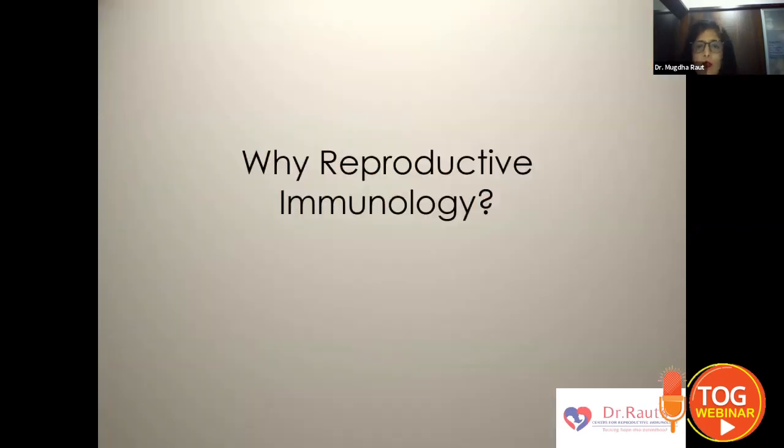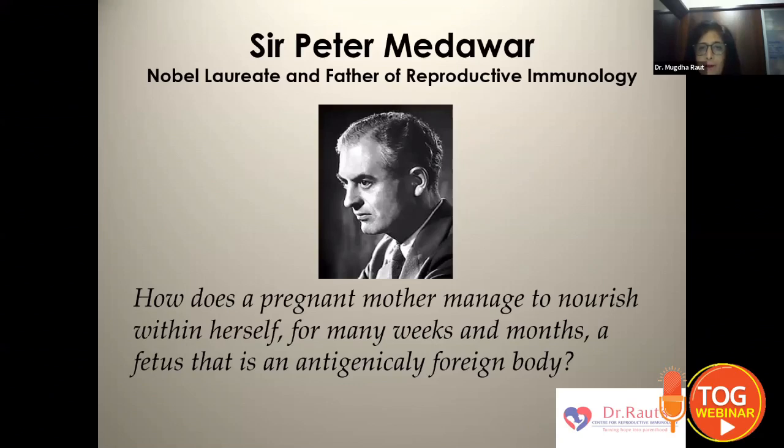Next slide. So then why reproductive immunology? Next slide. Let's go on to this quote of Sir Peter Medawar, who is a Nobel laureate and considered to be the father of reproductive immunology.